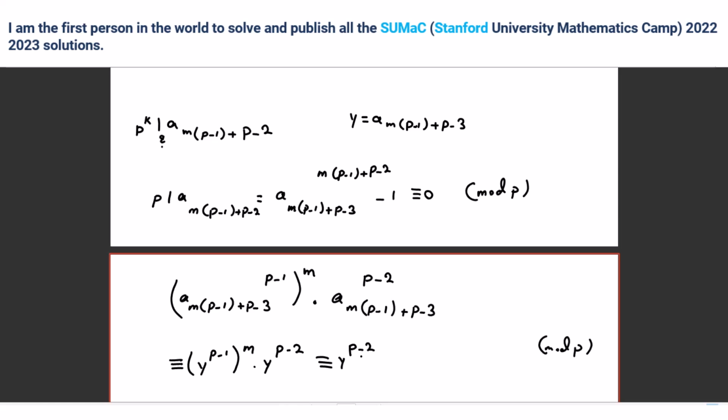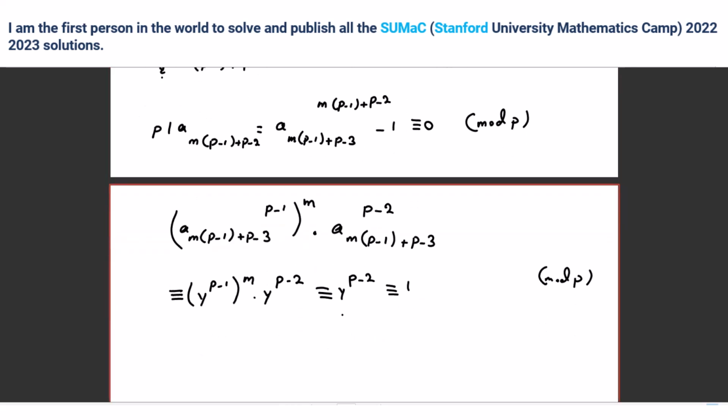Mm-hmm. And now I want to calculate this. I know that y to this is 1. It is equivalent to 1, right? Because if you take negative 1 to the right side, it's 1. Now, if I multiply both sides by y, y to the p minus 1 is congruent to what mod p?